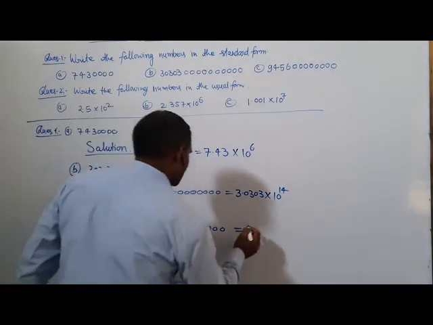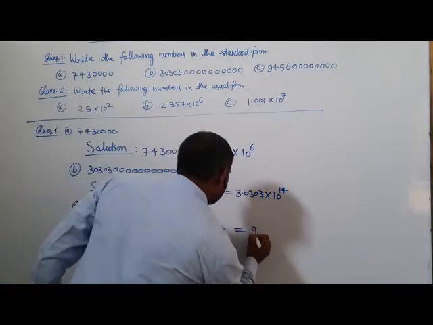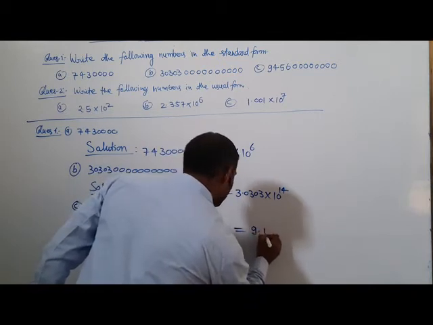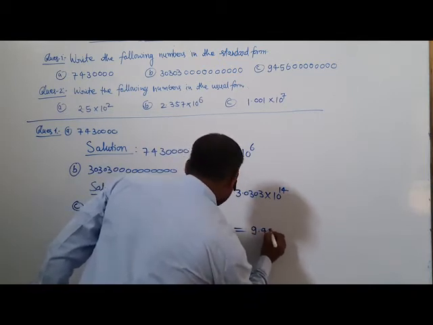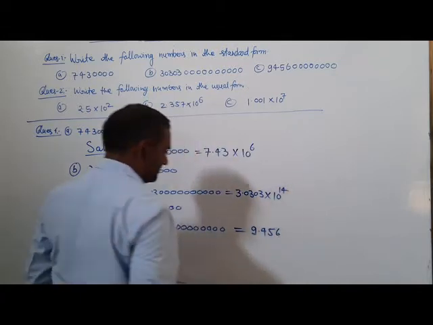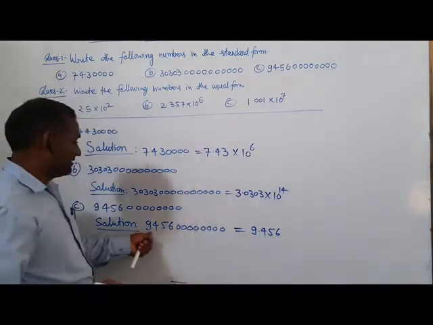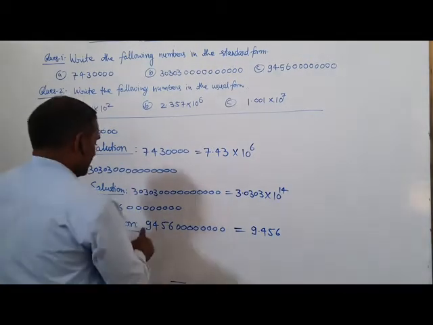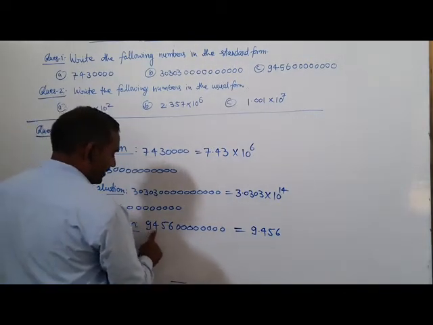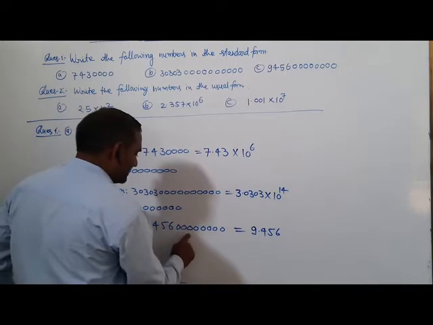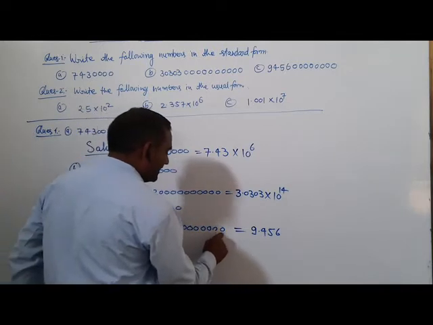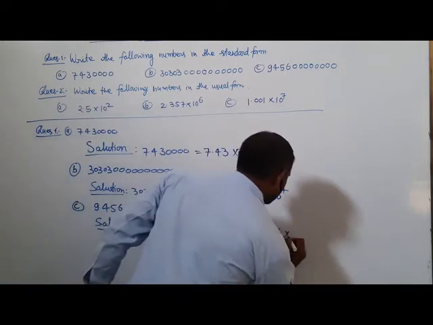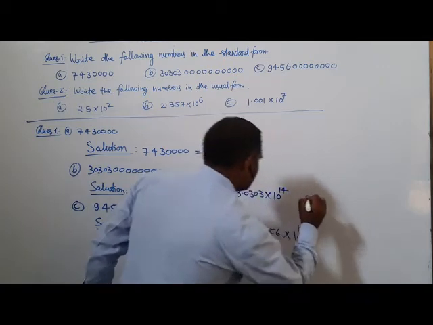Less than 10: 9.456. Here it is less than 10, but from 1 up. Counting the places 1, 2, 3 up to 11 gives 10 raised to the power 11.